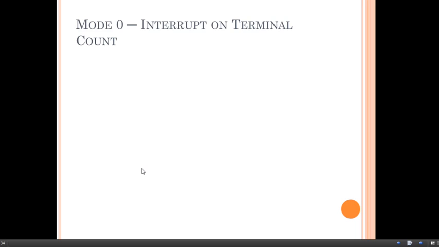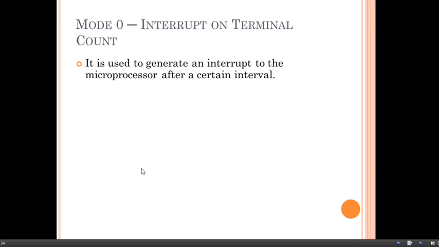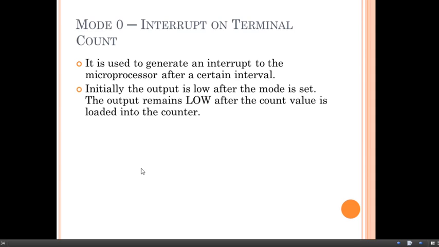So mode 0 is interrupt on terminal count. This mode 0 is used to generate an interrupt to the microprocessor after a certain interval.